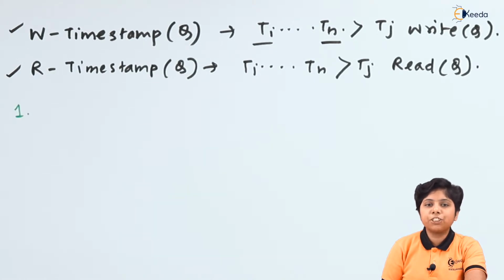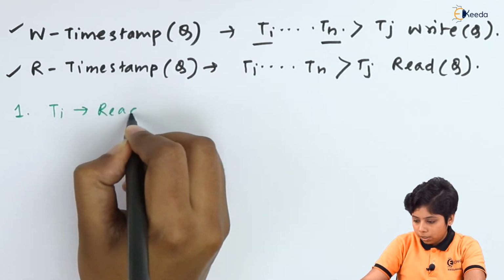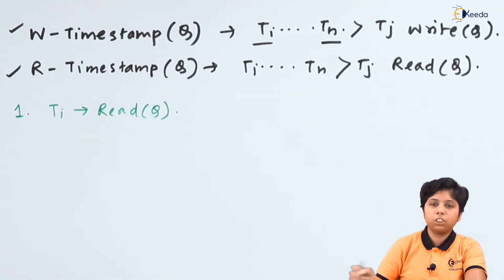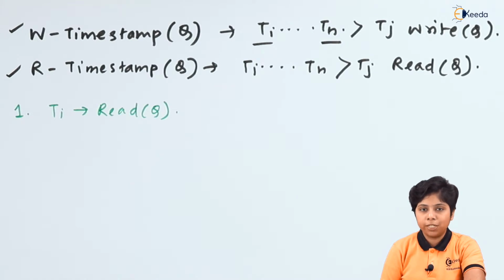Suppose that the transaction Ti has issued a read on this data item Q. That means Ti has issued read on Q. Now if this read Q is validated on the next two conditions, then we are saying that we are having a valid or invalid read.